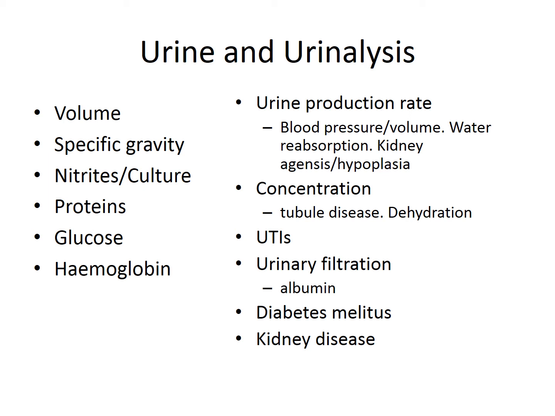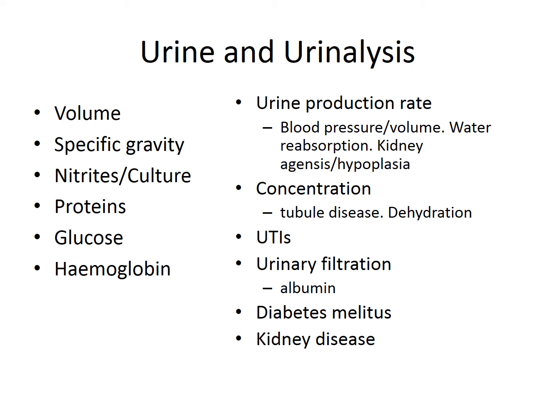We can also look at protein in the urine, which does indicate a problem with the filtration capacity of the kidney. Albumin is a commonly detected protein and can indicate kidney damage. It might even be secondary to diabetes.